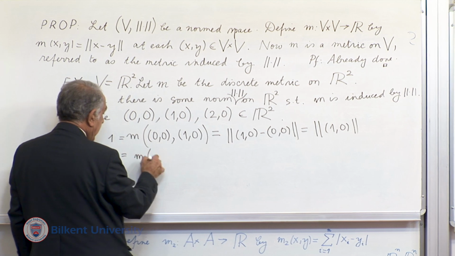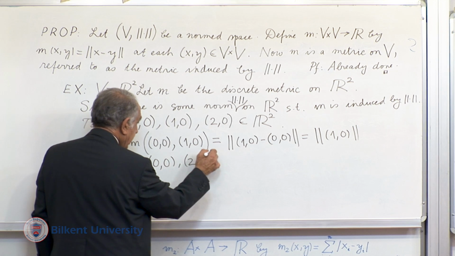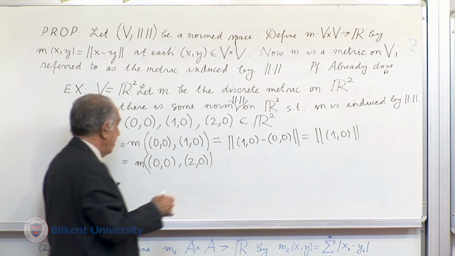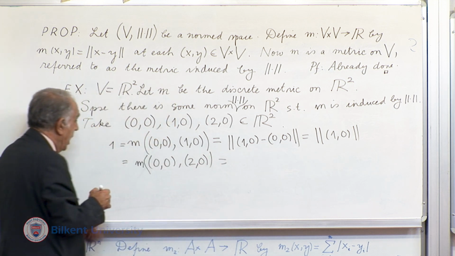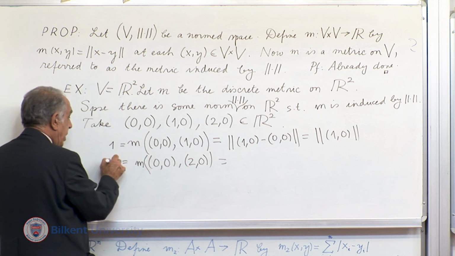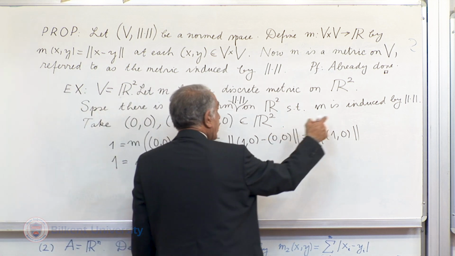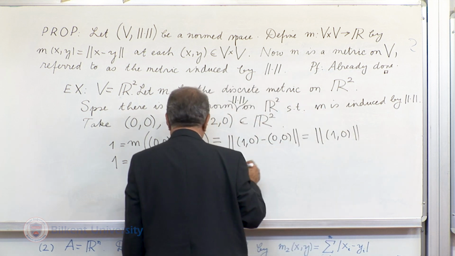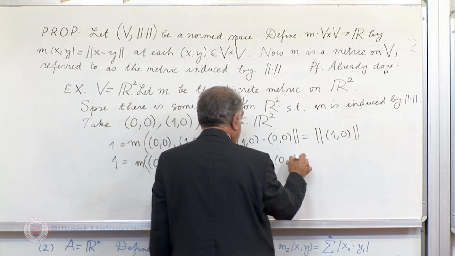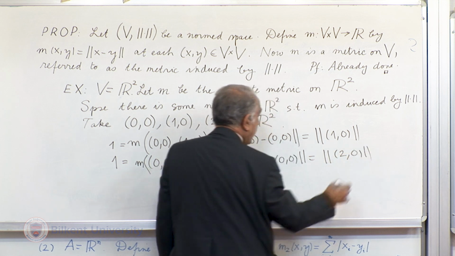Likewise, if we consider the image of this pair under M, now this on the one hand will be equal to what? By definition of M, these are different, so that's 1. But since we assume that this induces M, it's the norm of (2, 0) minus (0, 0), and that's equal to just the norm of (2, 0).